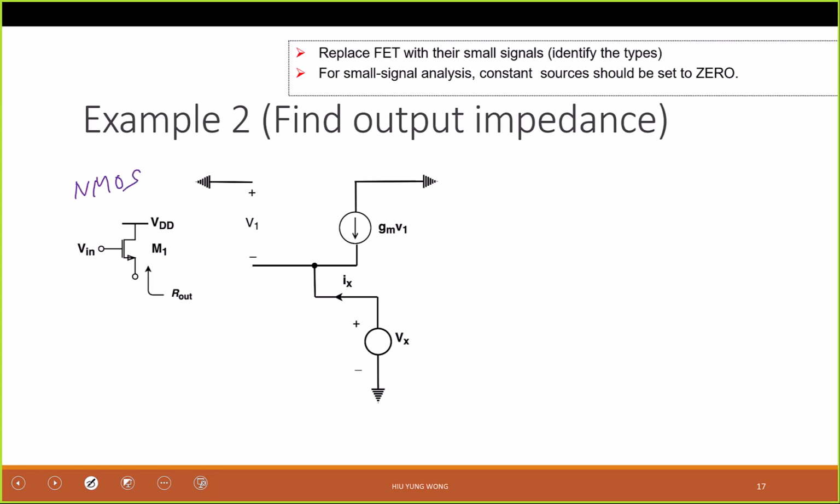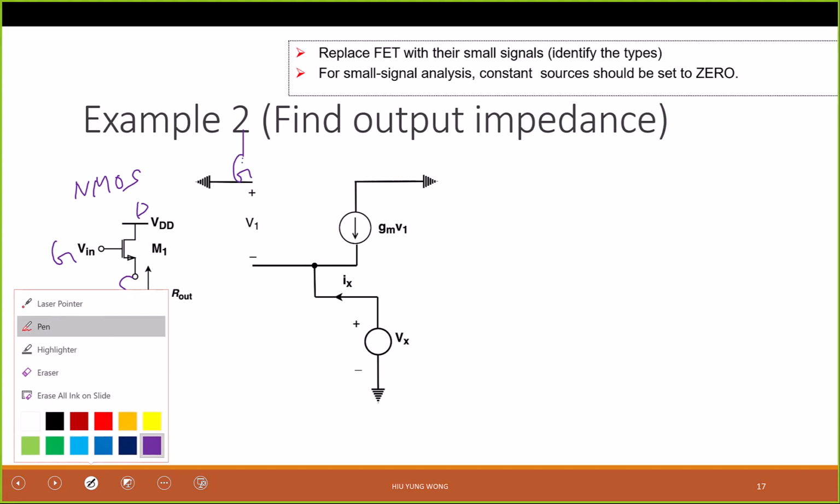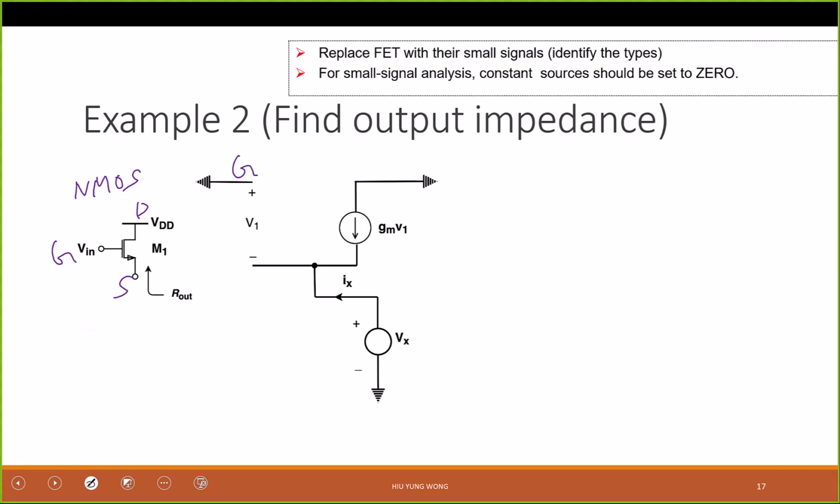NMOS, right? And because of this, this is drain, this is source, this is gate. And after that, we draw the small signal model. This is gate. This is drain, this is source.